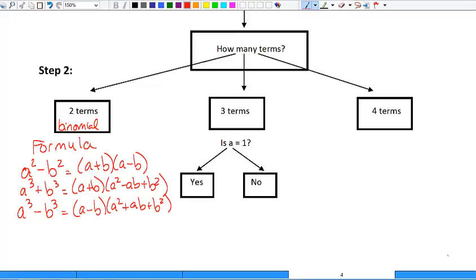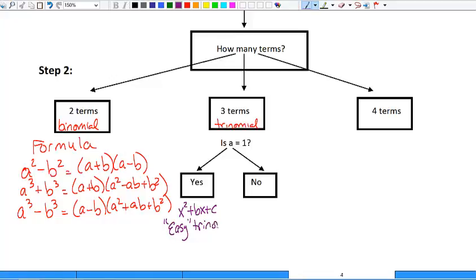Now if your polynomial has 3 terms, that's called a trinomial. And we have 2 types of trinomials. The next question you're going to ask yourself is, is the leading coefficient 1? If a is equal to 1, we call that our easy trinomial, where it's x squared plus bx plus c.